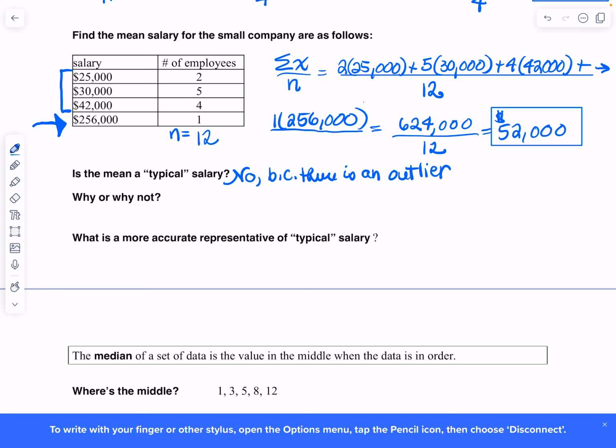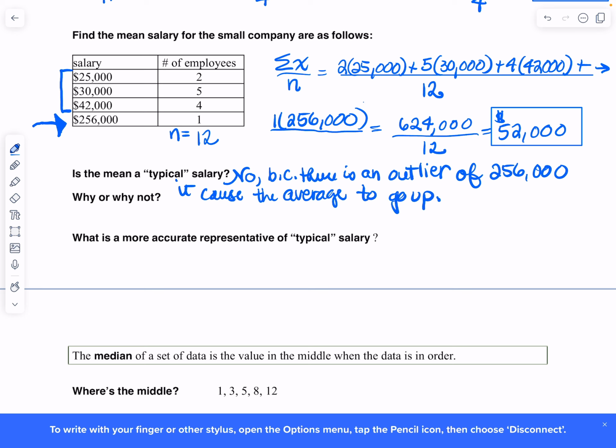So because I have an outlier of 256,000, it causes the average to go up.